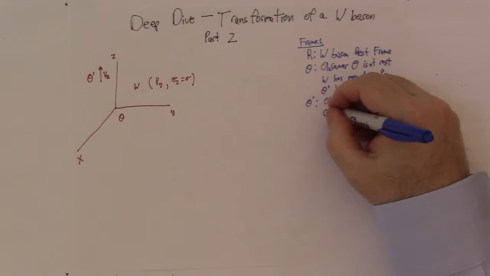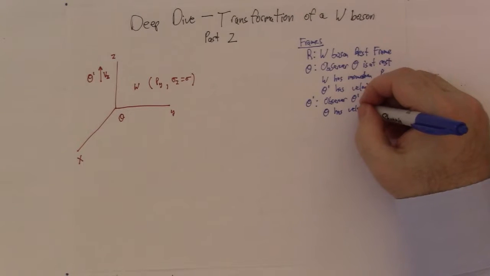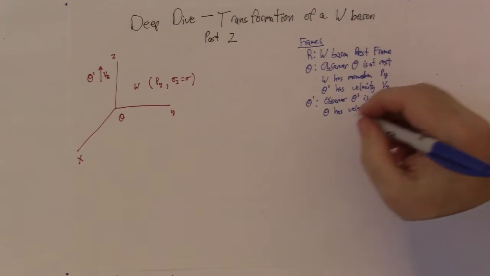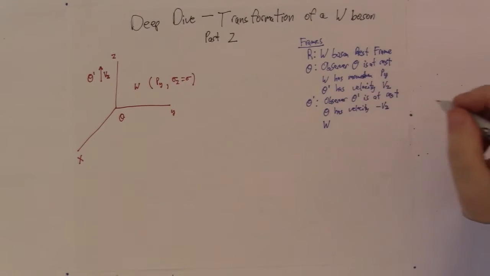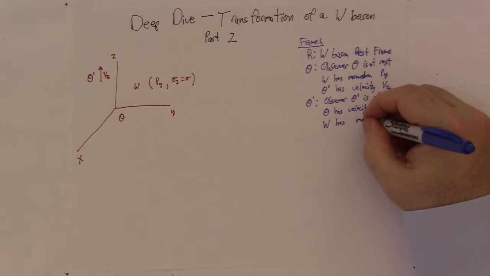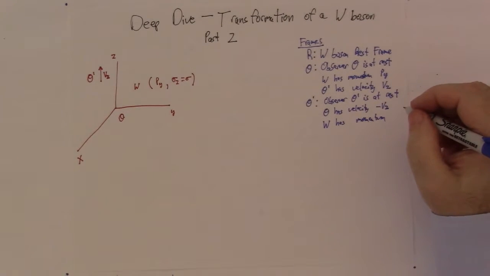Observer O has velocity in the opposite direction, minus Vz. And the W boson has momentum which I'll write down in a second.